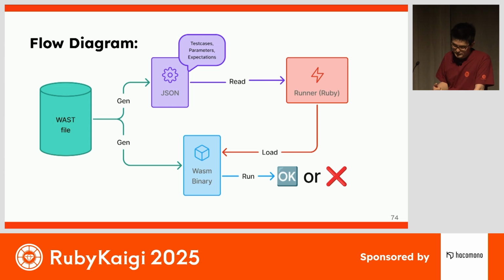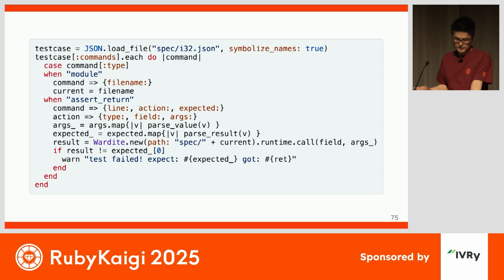Each test case specification in the JSON includes input values and expected output. Testing then simply involves executing the WASM binaries according to these JSON specifications. Doing this with Ruby is straightforward.